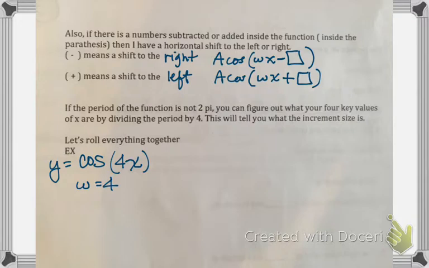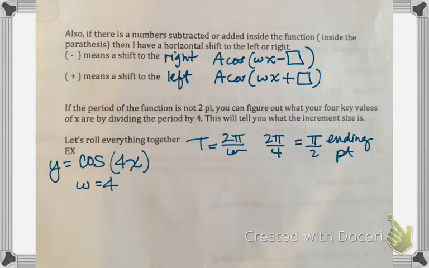So if omega equals 4, I use the formula T equals 2 pi over omega because I'm trying to find out where the ending point of the period is. So I put 2 pi over 4. This equals pi over 2. That is my ending point. So that whole period of sine, or cosine in this case, ends at pi over 2.